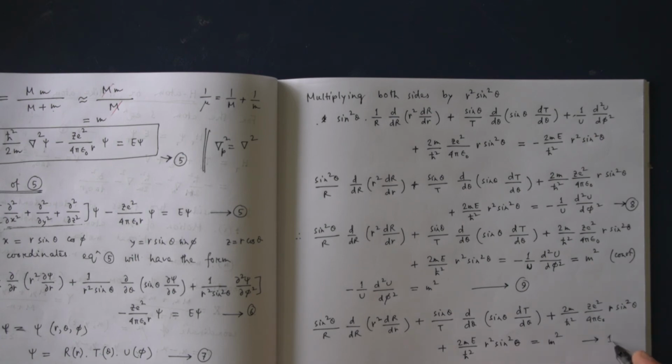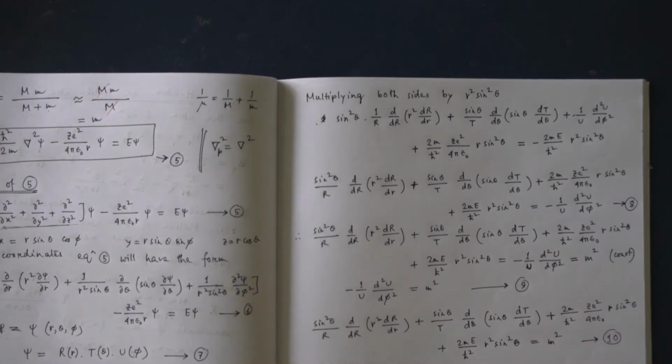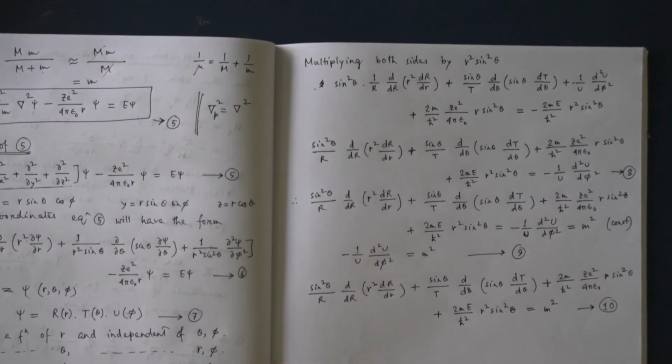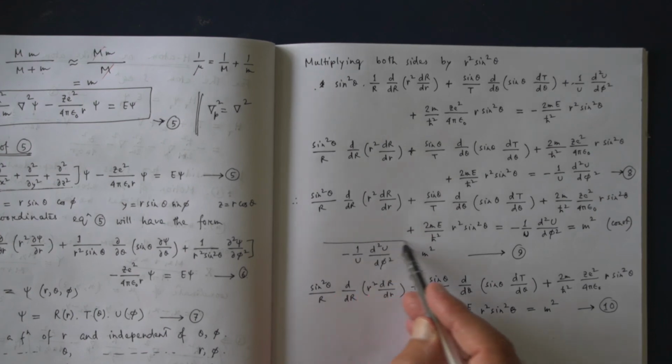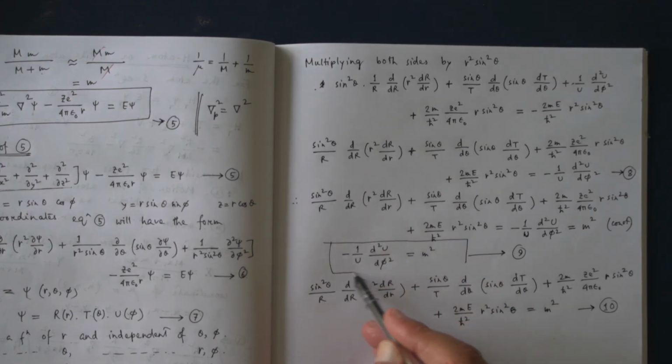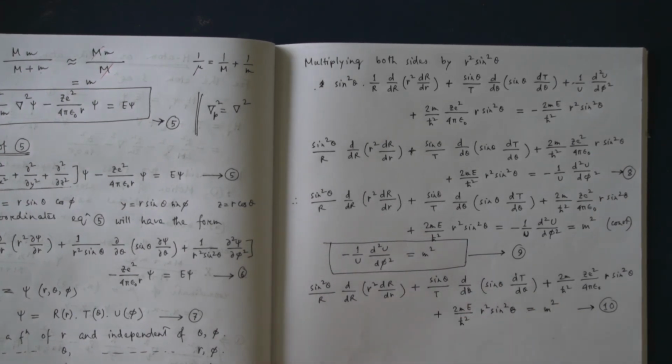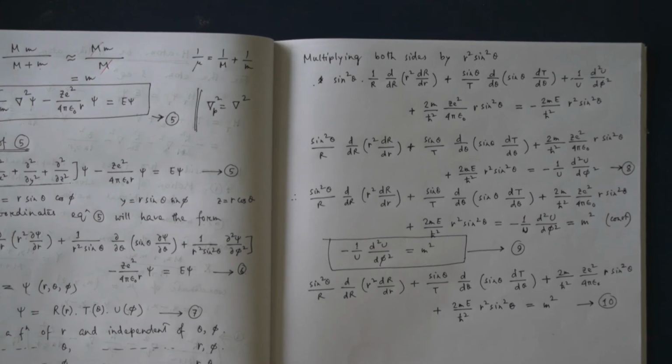Say this is equation 10. That means we are getting one equation containing only phi.